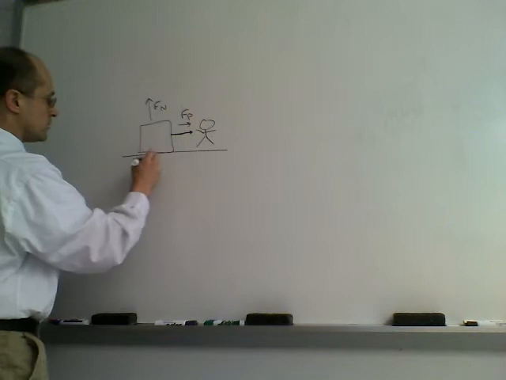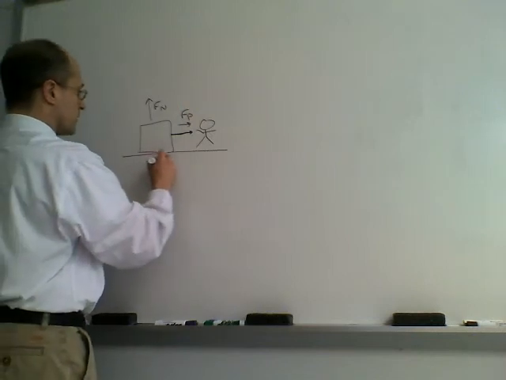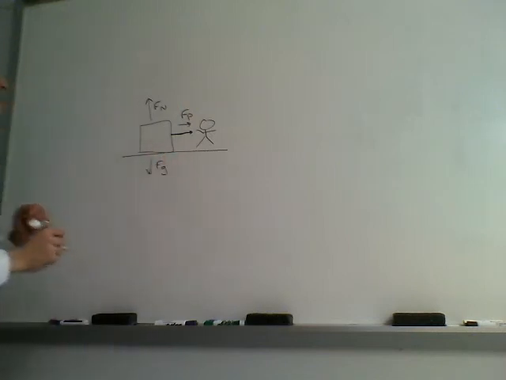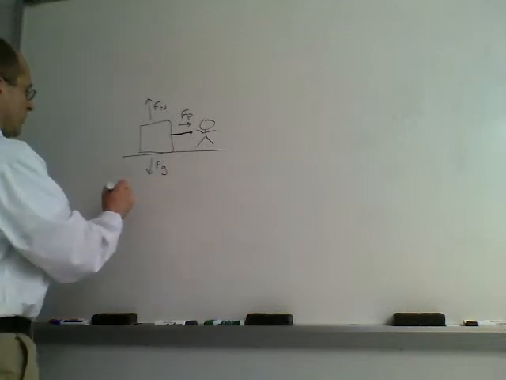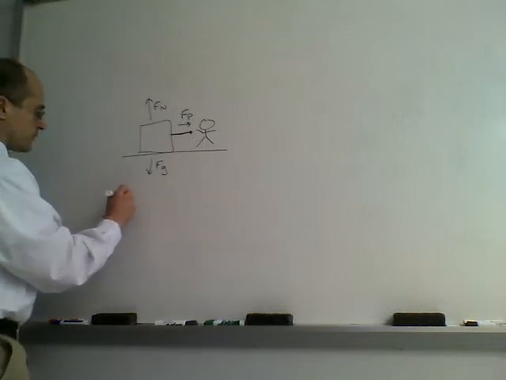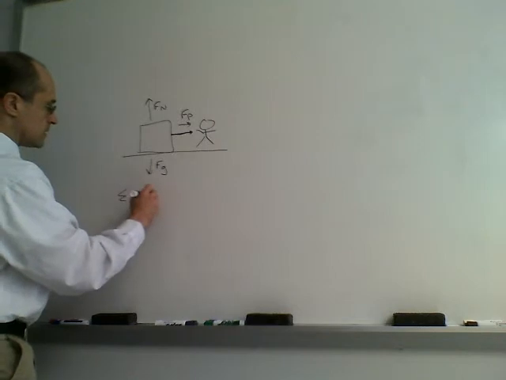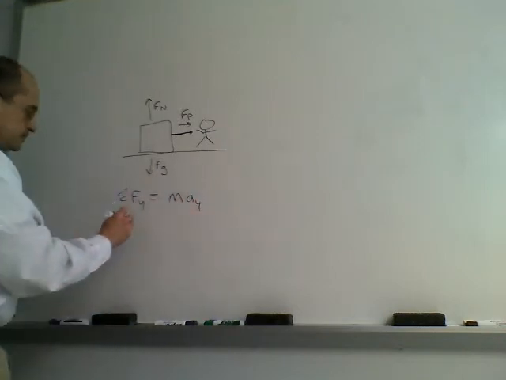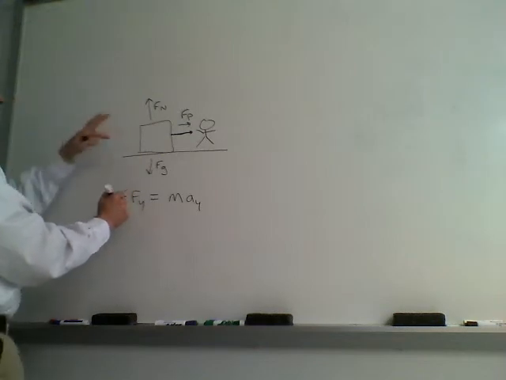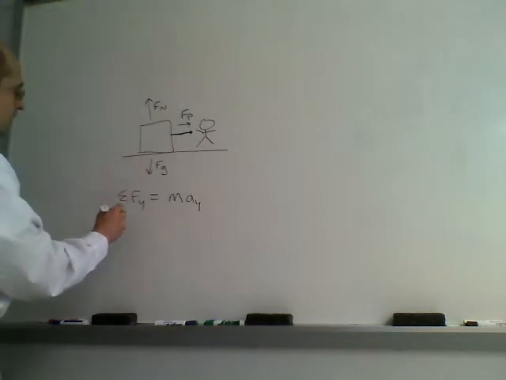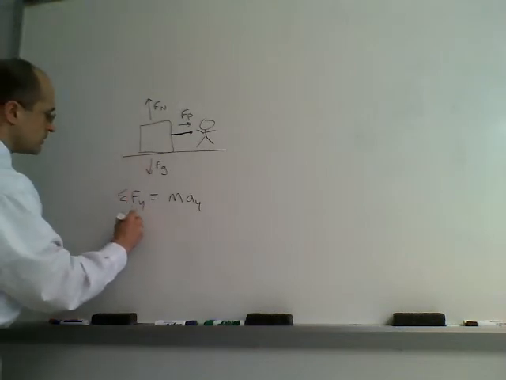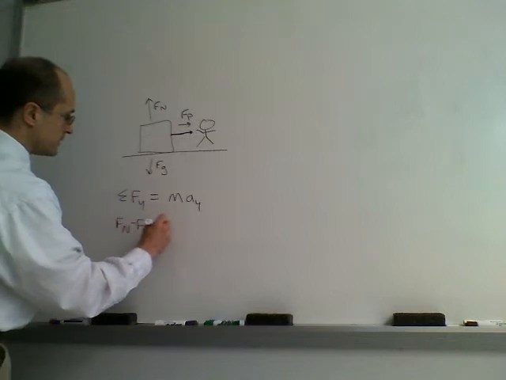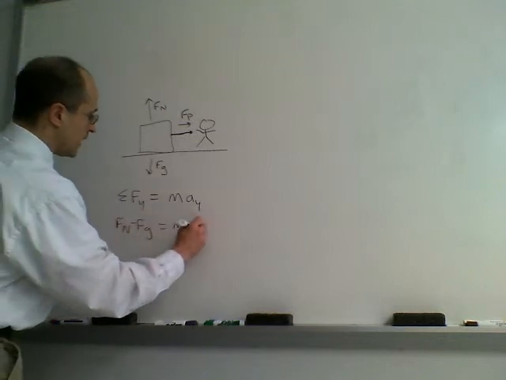So that means the other forces on the box are the normal force, up from the ground, and the force of gravity, down. We can then sum up our forces on the box. When we sum the forces in the y direction, that equals may. The two forces acting on the box in the y are the normal force minus the force of gravity, equals may.